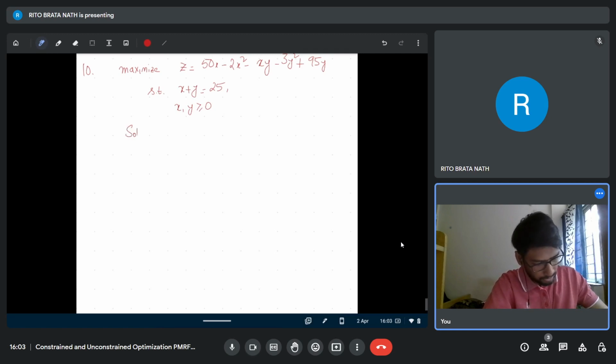It will ask you to get the Lagrange multiplier value actually. Solve the above optimization problem by Lagrange's multiplier method.